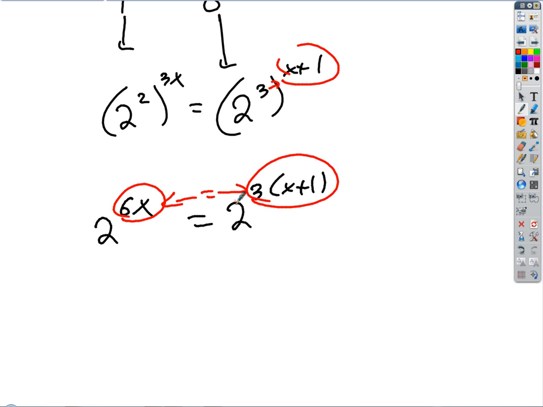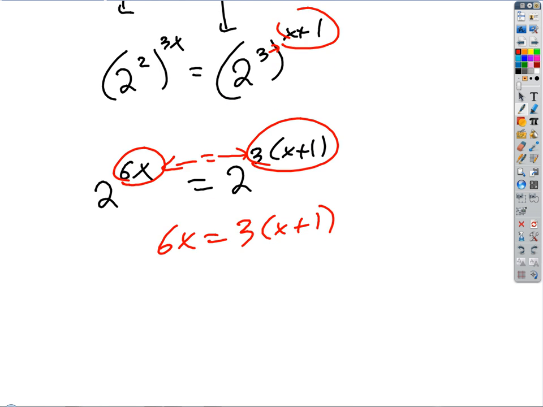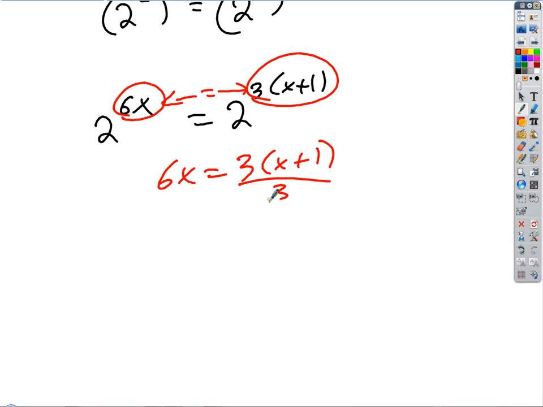So I just have the simple equation, 6x equals 3 times x plus 1. I could just divide both sides by 3. I could distribute if I want to, either way. If I divide both sides by 3, I just get 2x equals x plus 1. So what's x? 1. If I subtract x from both sides, right?